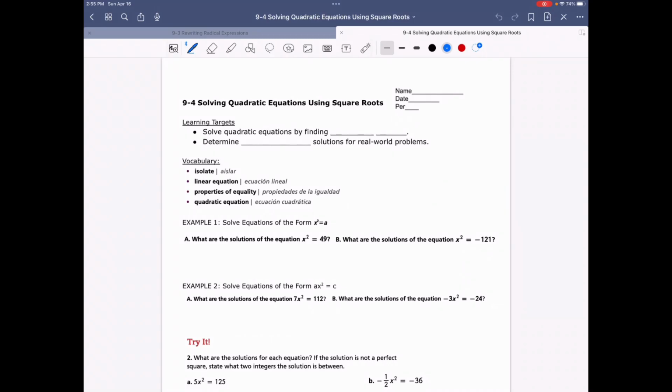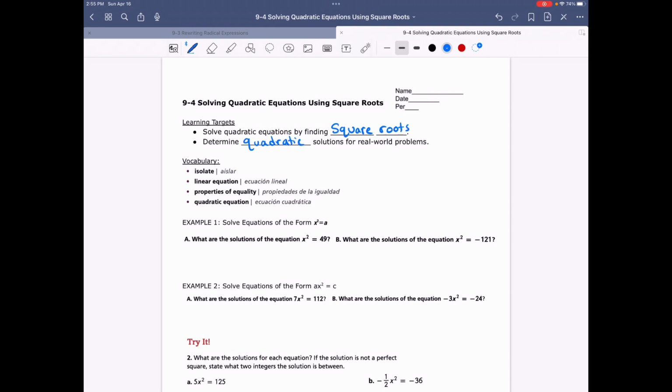Algebra students, today we are covering lesson 9-4, solving quadratic equations using square roots. Our first learning target for today is to solve quadratic equations by finding square roots and determine quadratic solutions for real-world problems.